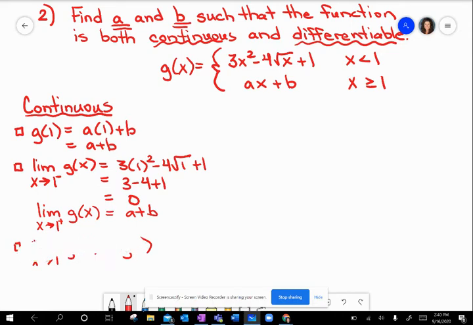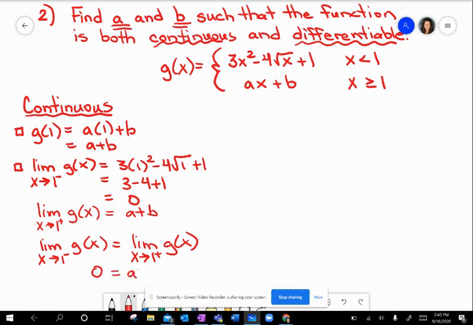Sorry, let's redo that again. I don't need to go to the third step because the second step says that the limit from the left and the right of g of x must be equivalent. And so the limit from the left of 1 is 0, which must equal a plus b. And that's about as far as I can go in making progress on continuity.